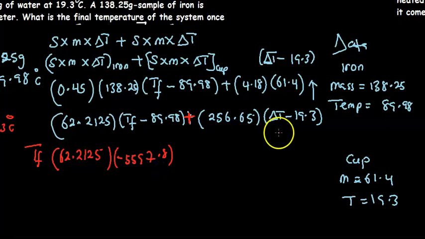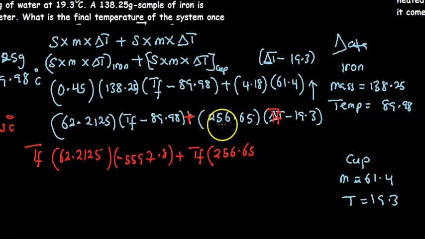Here, sorry, here is supposed to be TF. Here we will be left with TF, plus 256.65 TF. We are going to rewrite this exactly like that one. Then you multiply 256.65 by 19.3. Remember that it is negative here. If you multiply by 19.3, this is simply going to be negative 4876.35.